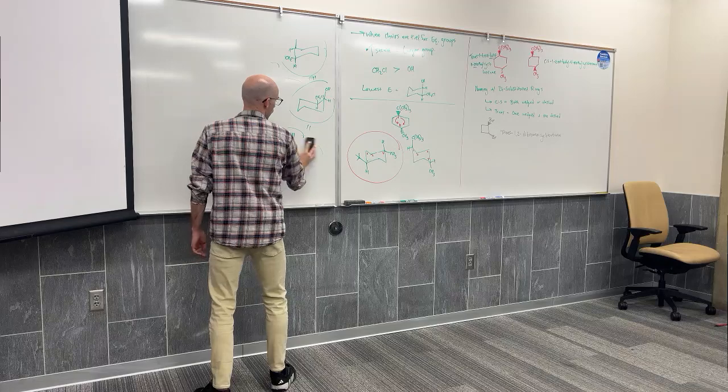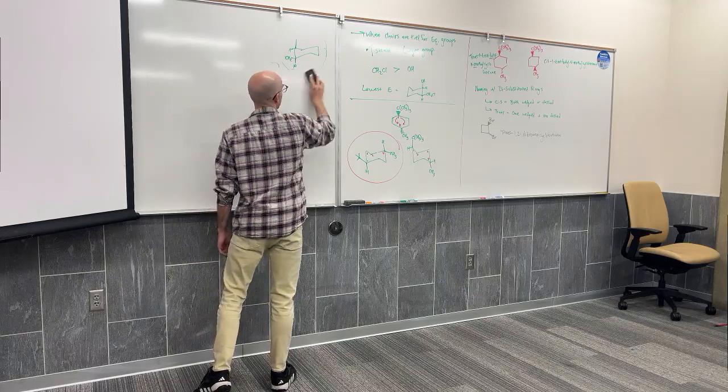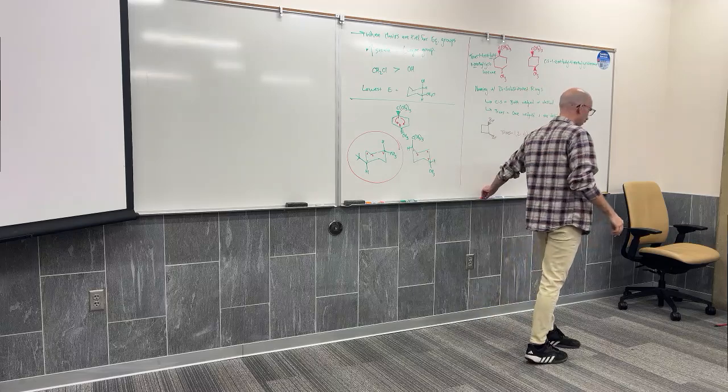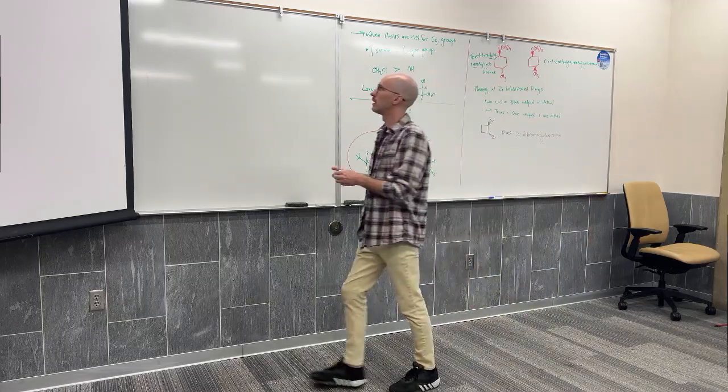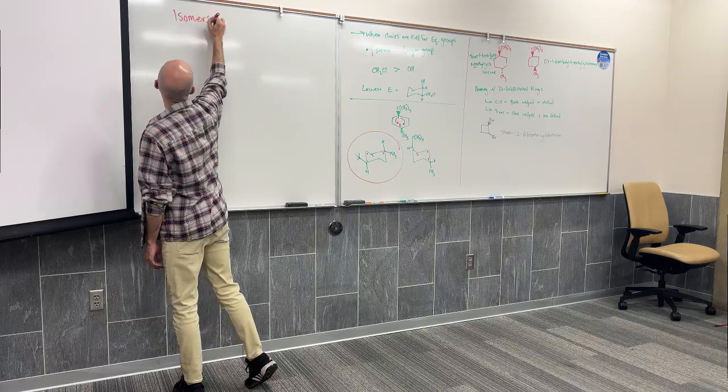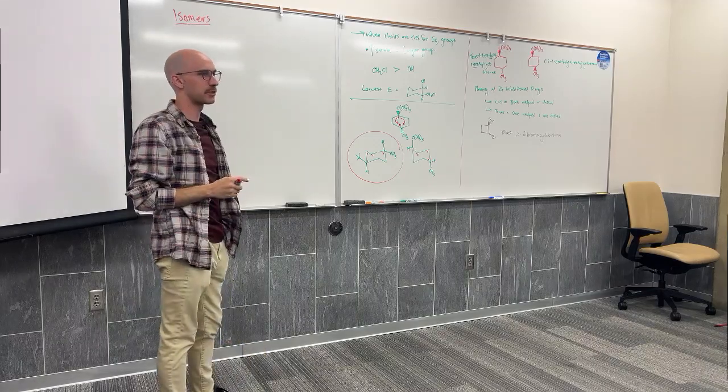Now, these types of structures, like cis and trans 1-tert-butyl 4-methyl cyclohexane, they're related as isomers. And I think you guys probably already have an idea of what isomers are.